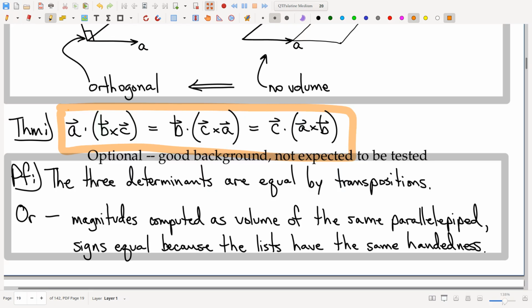And again, there's the proof. I encourage you to read it. You don't have to. But neat result, and make sure that you remember this result. By the way, notice cycling only. This does not mean you can change the order of the vectors however you like. There are 6 different ways to order 3 vectors. I'm only saying these 3 are the same. The other 3 are not the same as these 3.